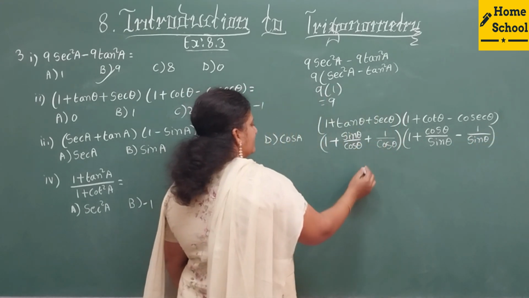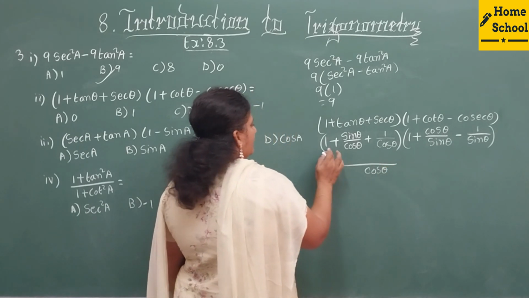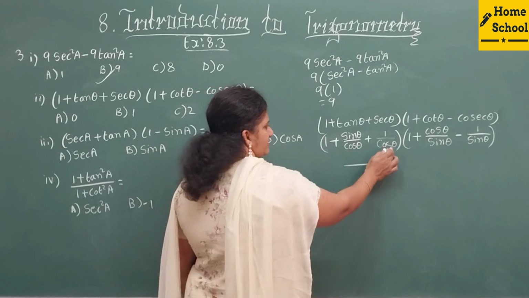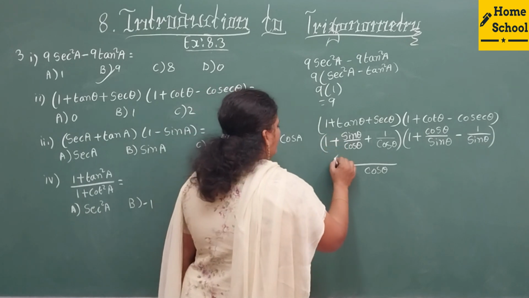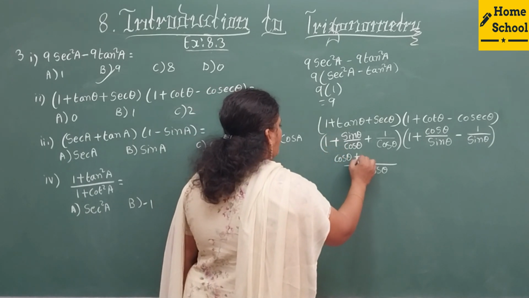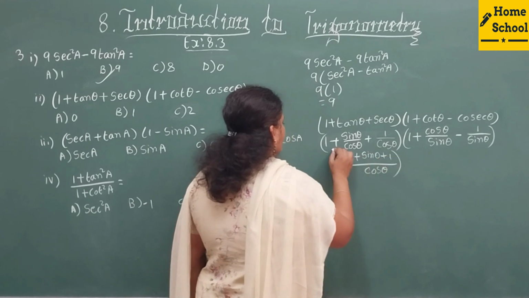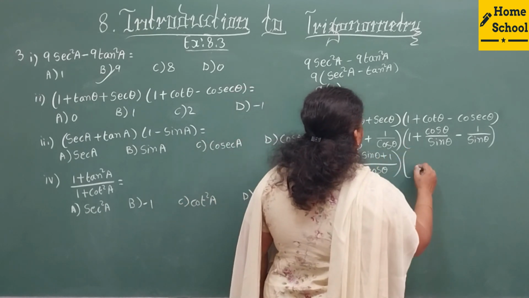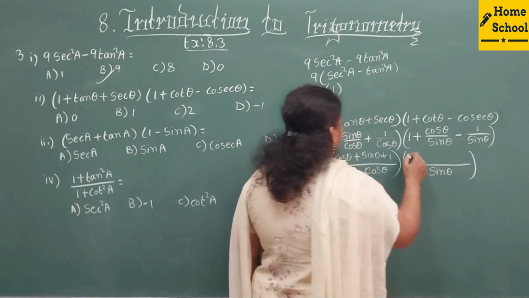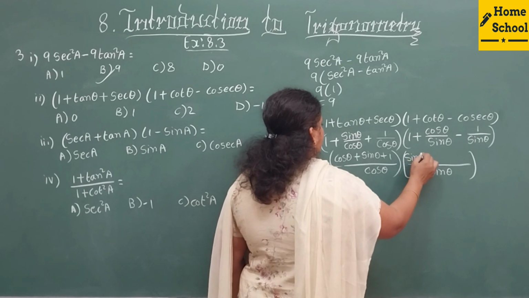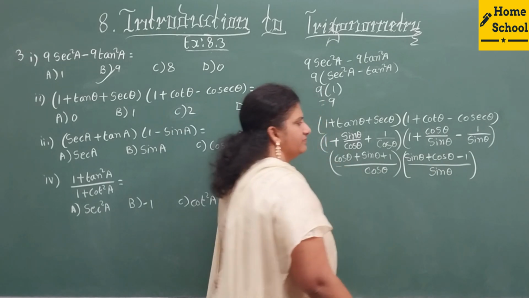Okay, do LCM. Cos theta. See here 1, you have 1 by cos theta, LCM is cos theta. Multiply cos theta for this one, that is cos theta plus sin theta plus 1 into, in the same manner, sin theta, numerator sin theta plus cos theta minus 1.